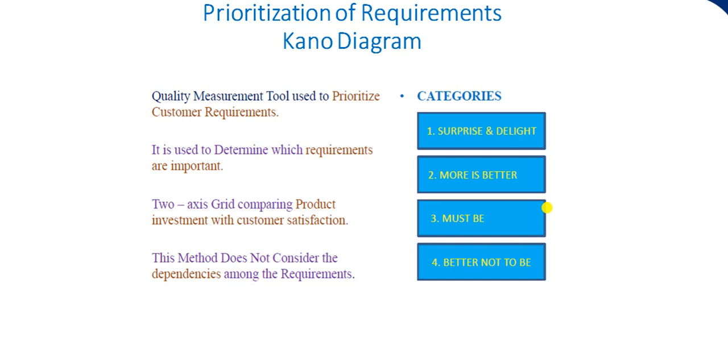And the fourth category is where the customer would say better not to be implemented. This way we categorize. What is a must, that we'll do first. Then if there are more facilities, more features which are helpful, that is more is better. And something which will create some surprise and delight, that is the surprise and delight category, that we'll see now.